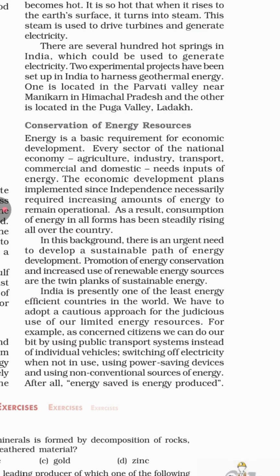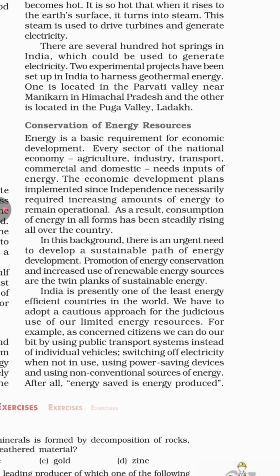Simple things we can do. Instead of driving so many vehicles, we can have carpools or use the public transport system. No, brother, we want to use my car. I want to show off. See, this attitude is leading to depletion of petroleum reserves with us. Switch off the electricity when we are not using it.